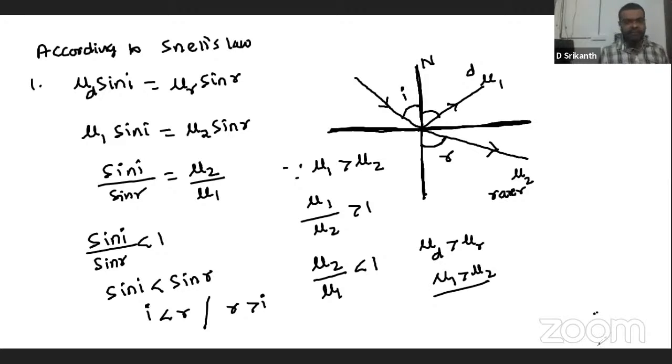Similarly for rarer medium to denser medium. Now after Snell's law, suppose mu d sine i is equal to mu r sine r.